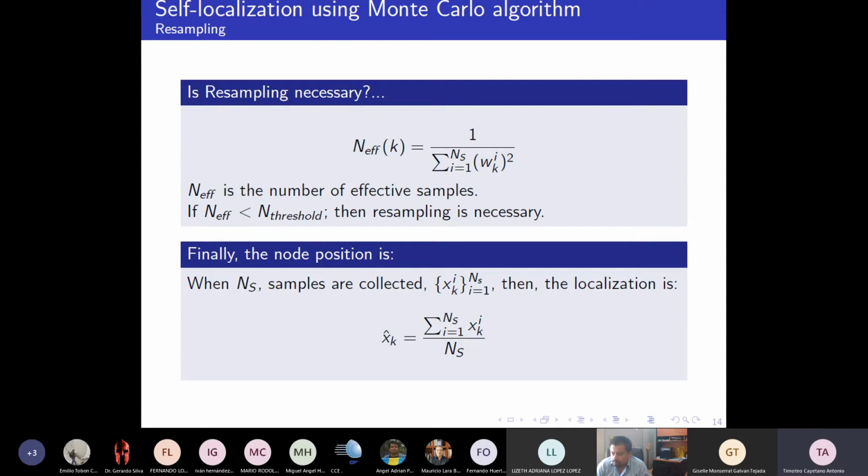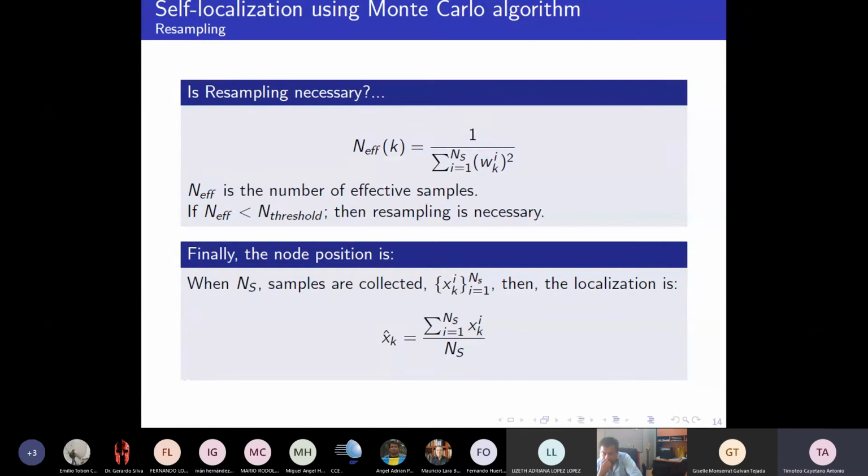To decide if this resampling is necessary, one needs to check the first expression shown in this slide. If it is necessary, the resampling is done. Finally, the node position is obtained by averaging the set of samples, and that's it. That is how simple the Monte Carlo algorithm is.